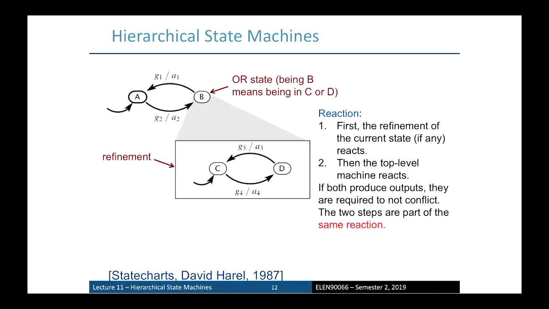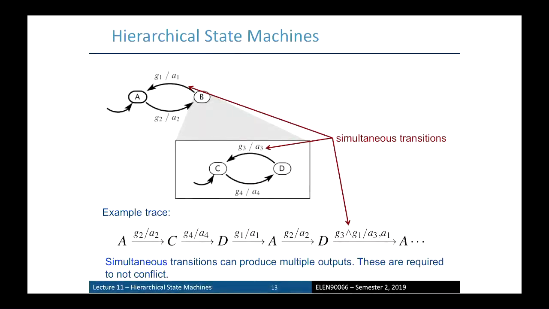Right, so let's look at an example trace to see what's happening here. Remember how we draw traces, right? It's a list of the behaviour. This is a deterministic state machine, so it's a nice simple trace, one line trace for a set of inputs. So we start off in A, G2, the guard is satisfied.